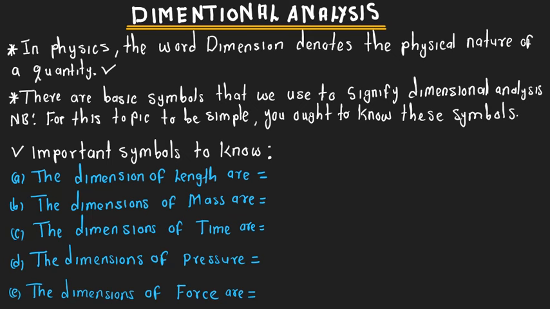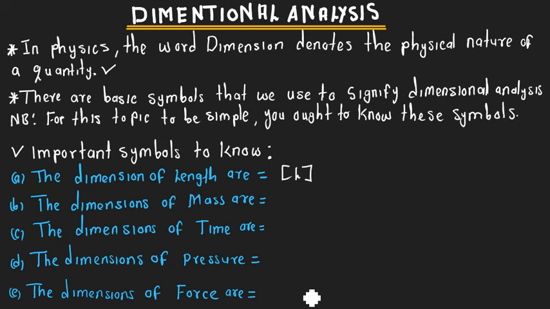Now, when we say dimensions of length, what do we mean? The dimensions of length are simply, I'll put brackets and then write the letter L, like that. That is how I express the dimensions of length.